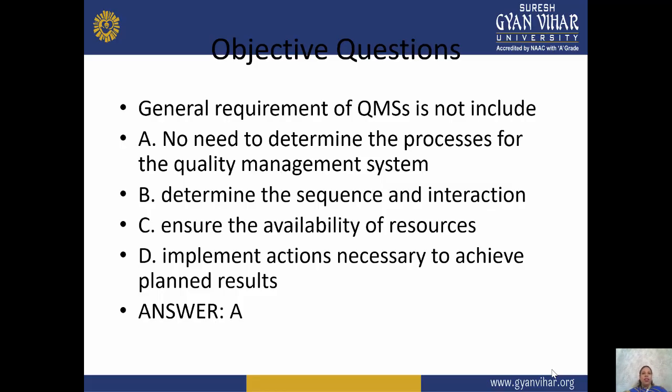Next objective question: the general requirement of QMS does not include which of these: no need to determine the process for the quality management system; determine the sequence and interaction; ensure the availability of resources; implement actions necessary to achieve the planned results. So A is the correct answer.